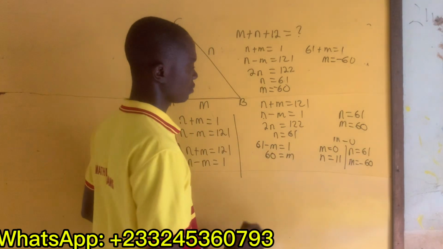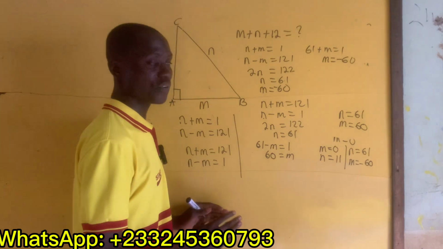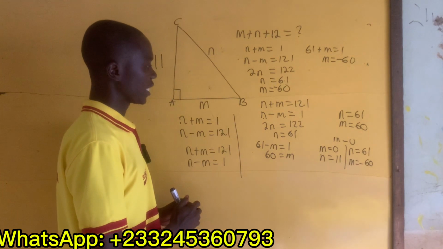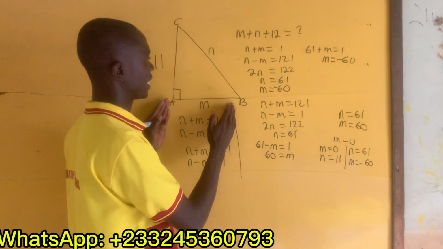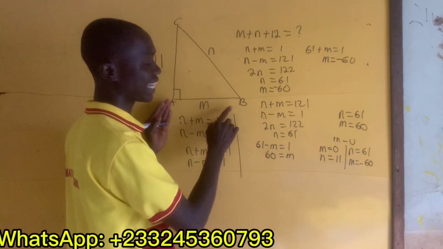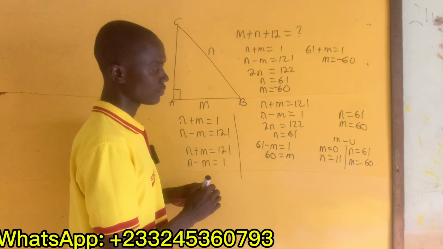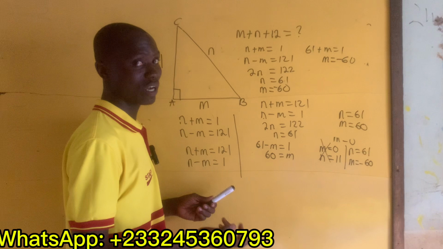Now, which of these options best fits what we have there? We need the distance from A to B and the distance from B to C. The distance from A to B can never be 0, so this option will be discarded because it is impossible.